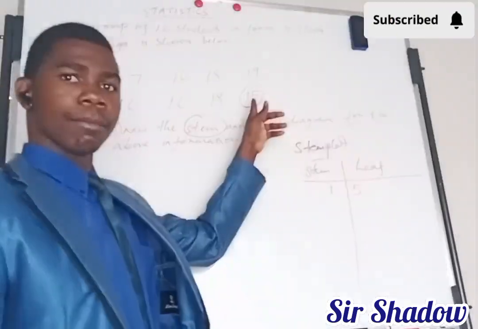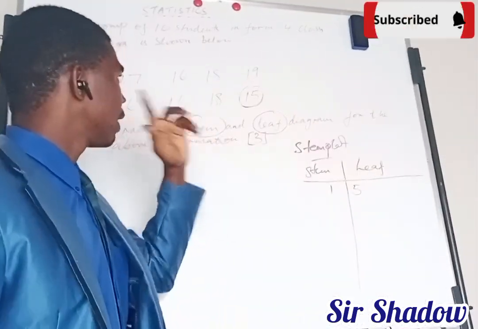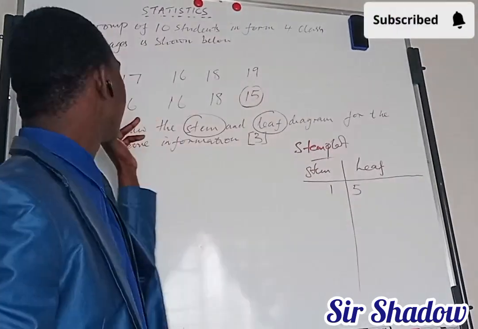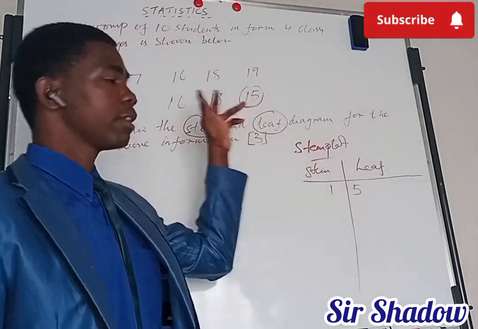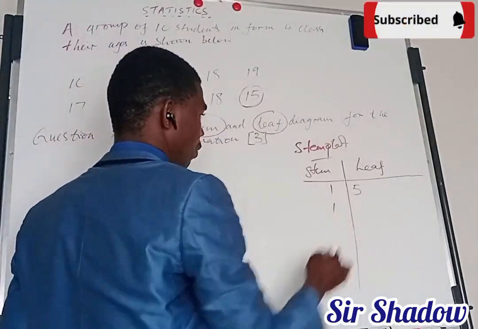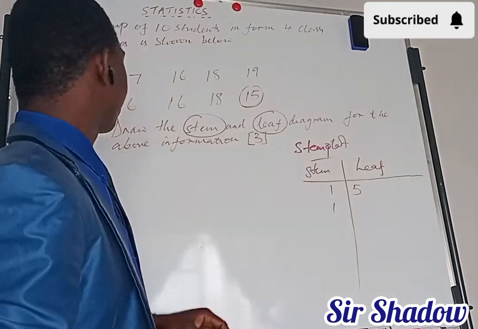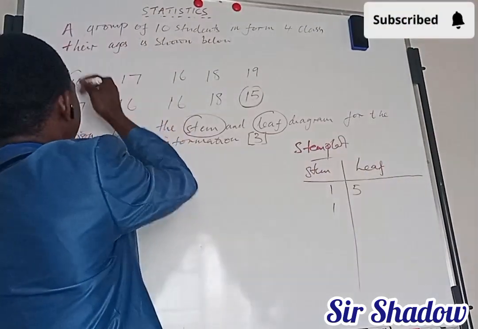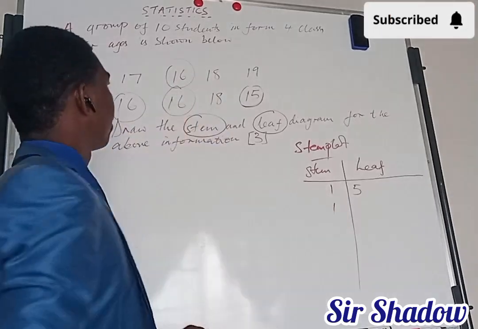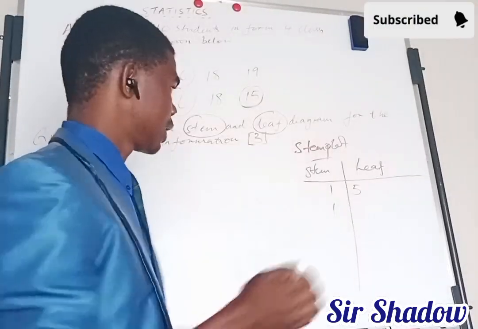We only have one value for 15. Remember, we have 16, 17, 16, 18, 19, 17, 16, 16, 18, 15. Then let's move on to another value. We have 16, but for 16 we have 4 digits.